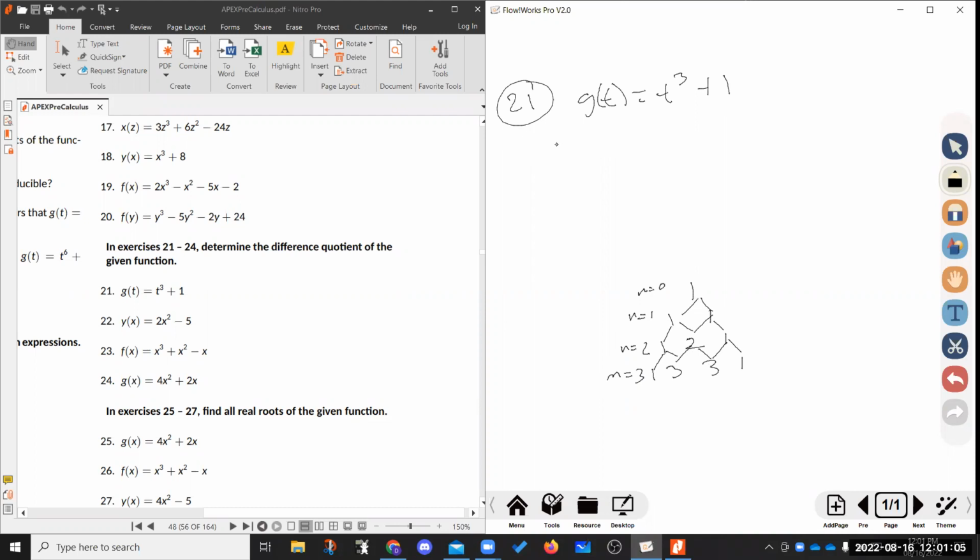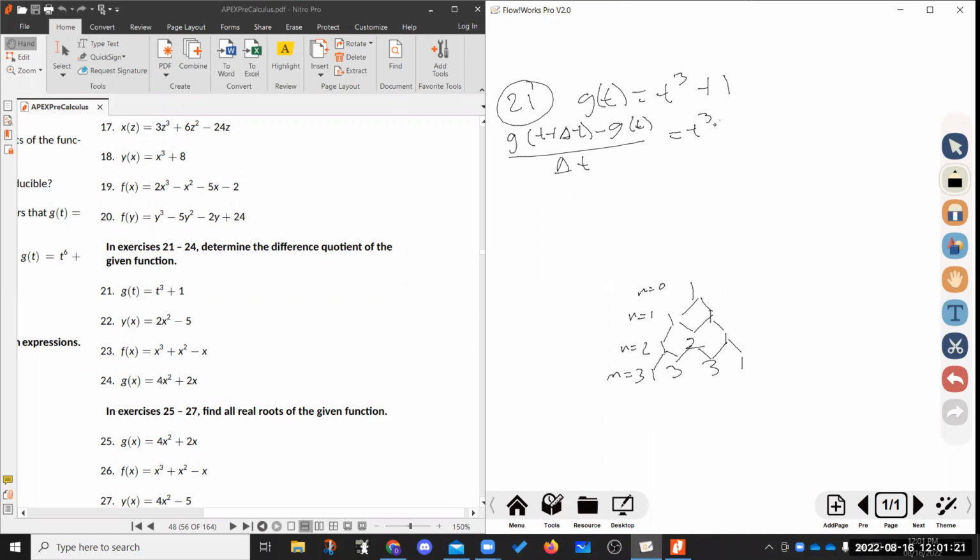So this tells me that when I have g of t plus delta t minus g of t over delta t, that g of t plus delta t is going to be t plus delta t cubed.